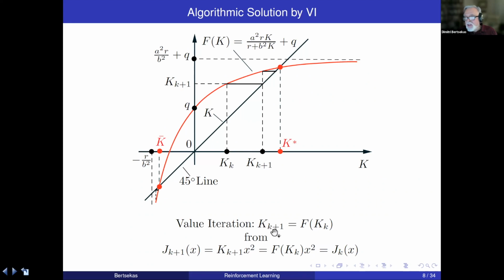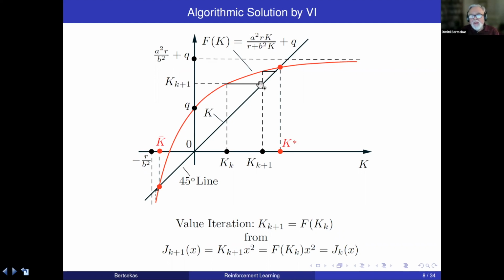It generates a sequence of K scalars as follows. At the typical iteration, we have the current iterate K_k. Then we compute F of K_k, which is K_{k+1}. We go up here, and this is the level of K_{k+1}.